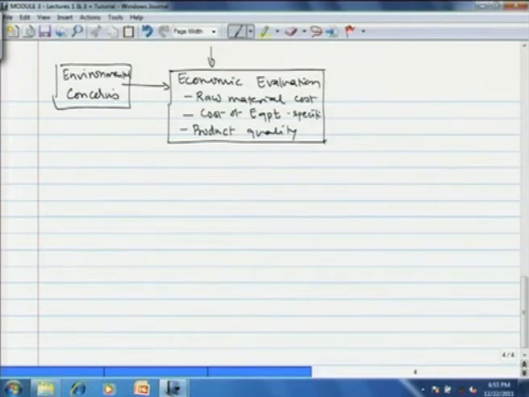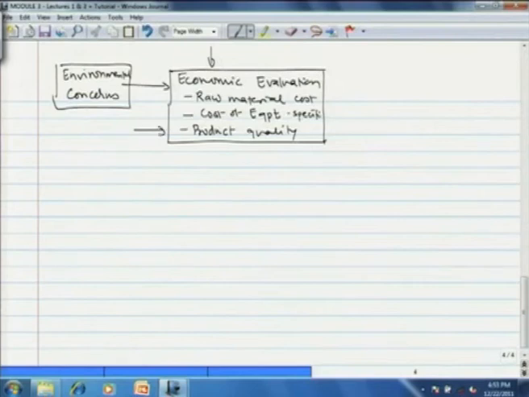For example, some reaction path may be very much profitable. However, if they are using hazardous and toxic chemicals, we have to take that into consideration, that risk. Okay. And then the safety.